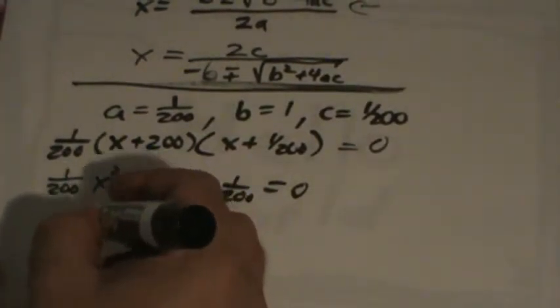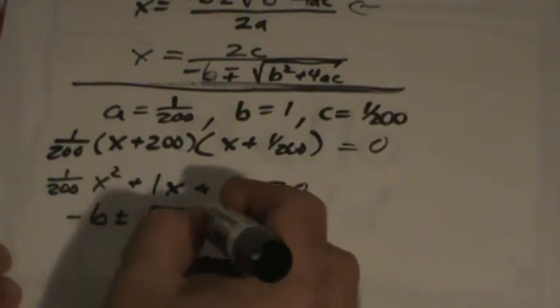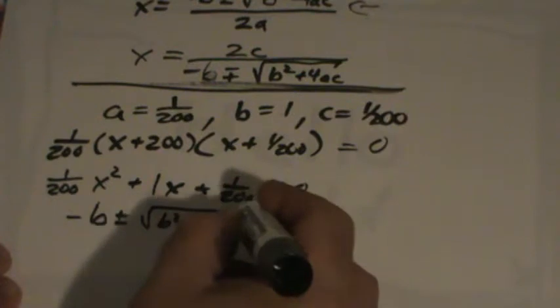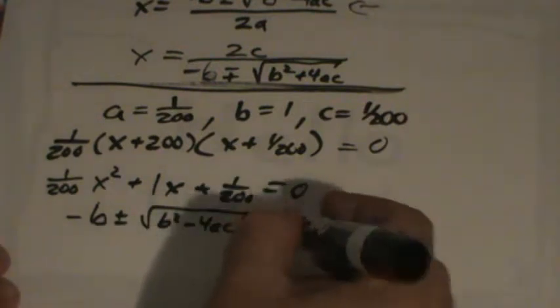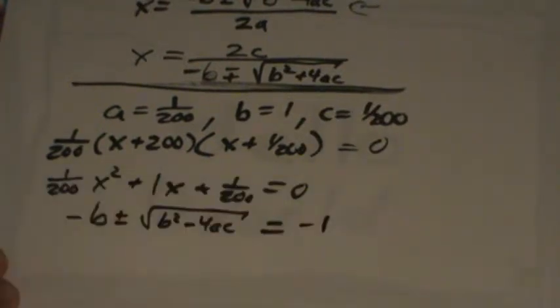If I take a look at minus b plus or minus the square root of b squared minus 4ac, your minus b is just going to be minus 1. So that's a pretty simple one to look at.